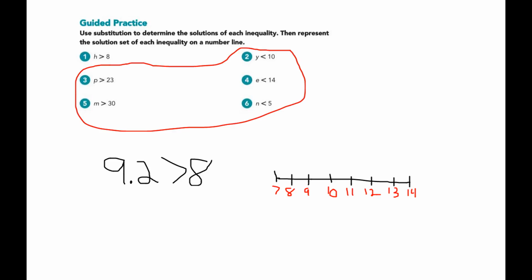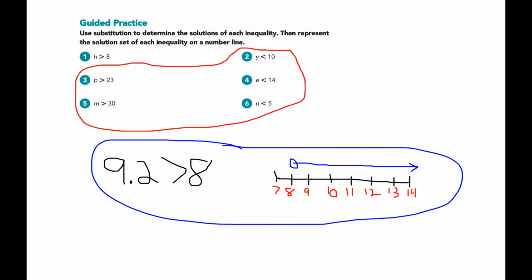And my number line, the problem is I have to look at all the numbers greater than 8. So I can't include 8. So I'm going to put a big open circle above the 8. I draw my line showing all the numbers greater, and then we have an arrow at the end to show we can keep going past 14. All right, and this is what I expect for each of these problems: a possible solution and your number line.